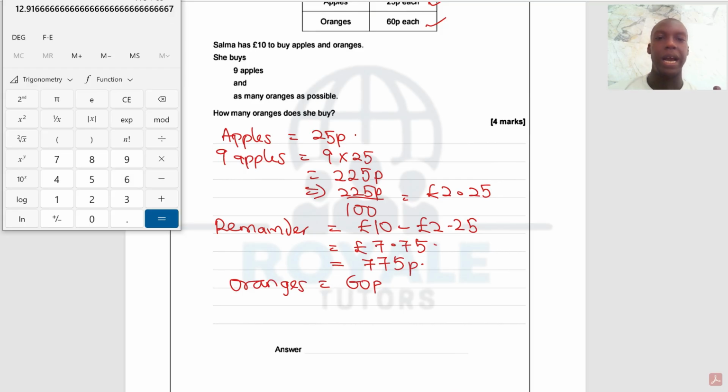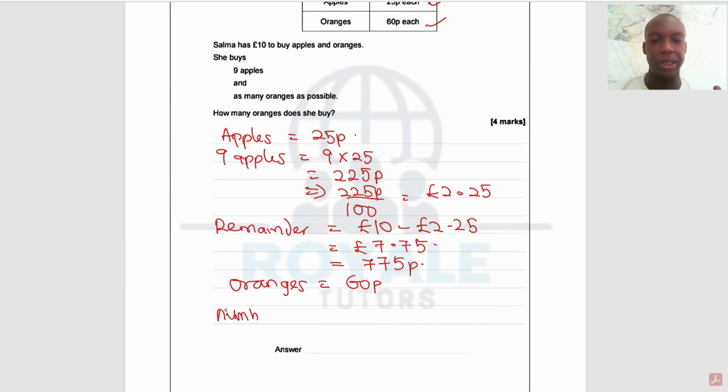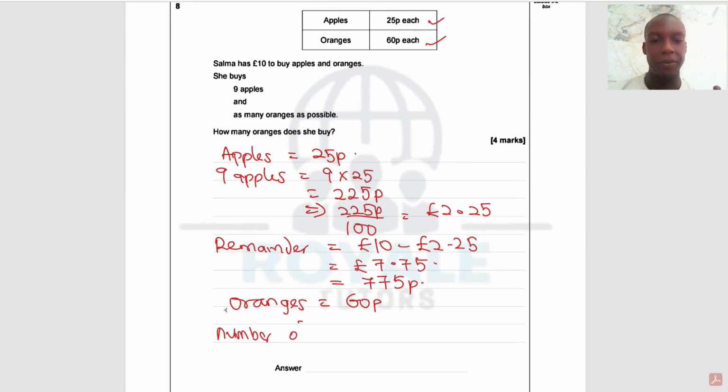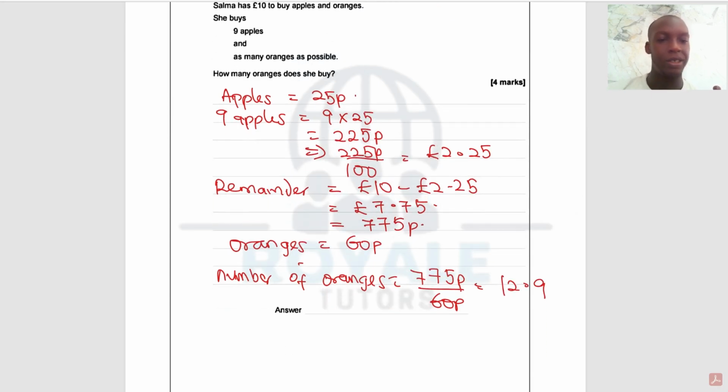Of course, I can't buy a fraction of an orange. So what do we do? The number of oranges that can be bought is going to be 775 pence divided by 60 pence, and that's absolutely 12.9, and it continues like that.